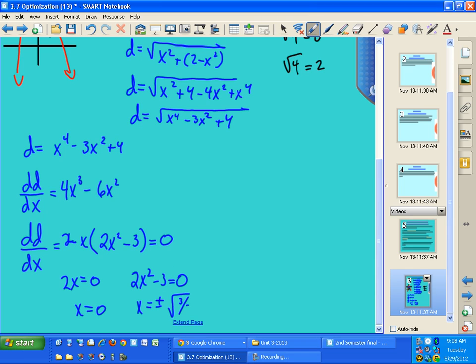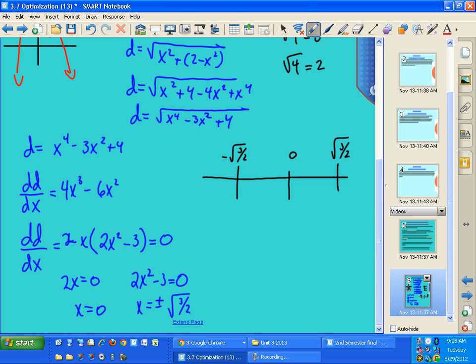And so now we need to go ahead and find out what's going on here. I'm going to have to do a first derivative test to see what's happening. At negative square root of 3 halves, at 0, and at the positive square root of 3 halves, I will have values that will tell me what's going on. In the first derivative test, we test whether we're increasing or decreasing around these points.